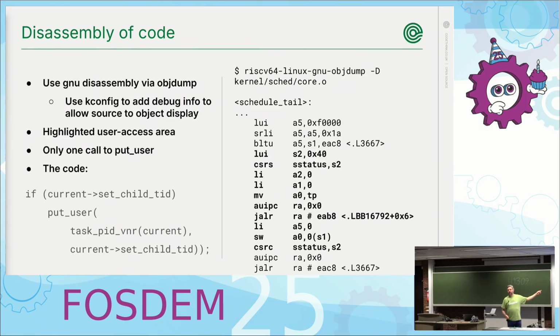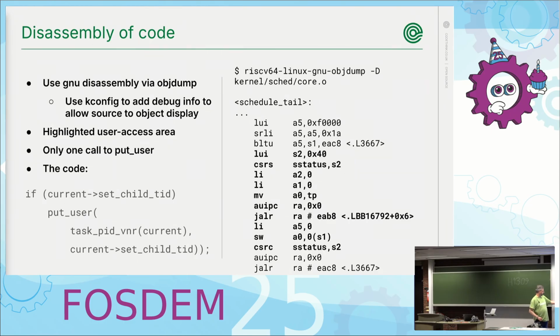Just as a note, the Kconfig allows you to add a lot more debug information into the objects. So by default, I don't think it turns that on, but it allows you to do things like cross-reference these instructions to roughly where they were produced in the source file. So in here we have schedule tail, a fairly simple function, and the only place it actually looks to go into the user is if this current pointer is set.